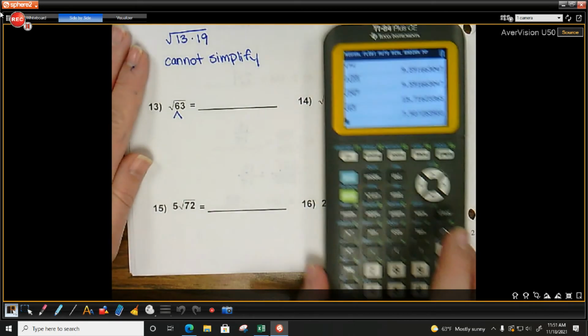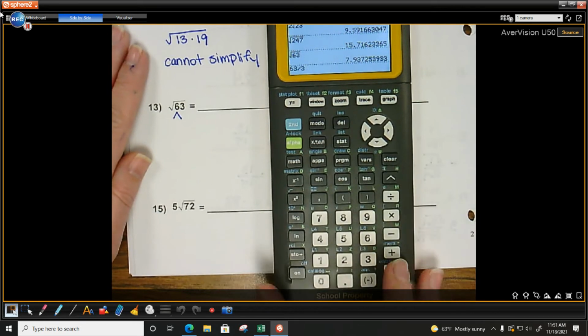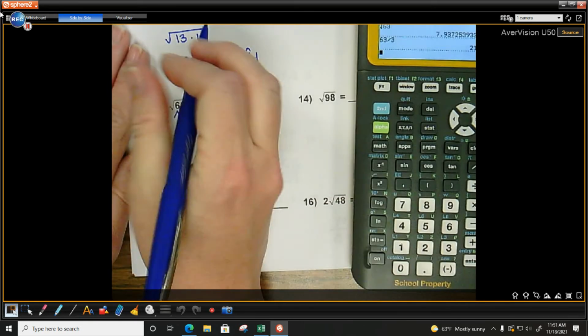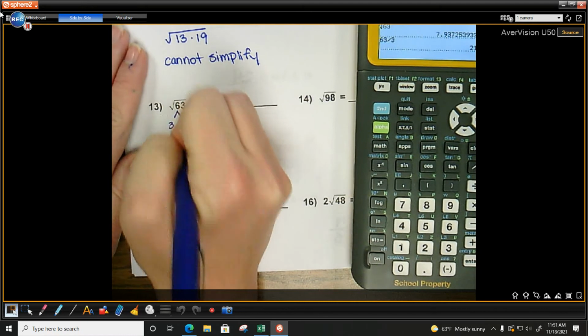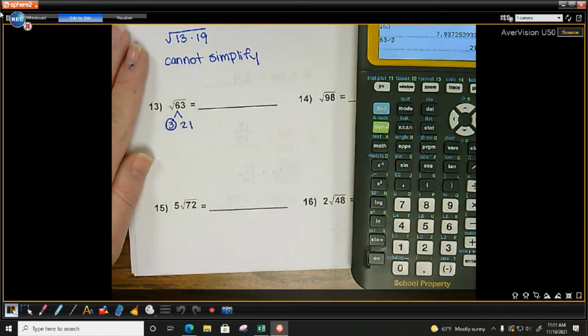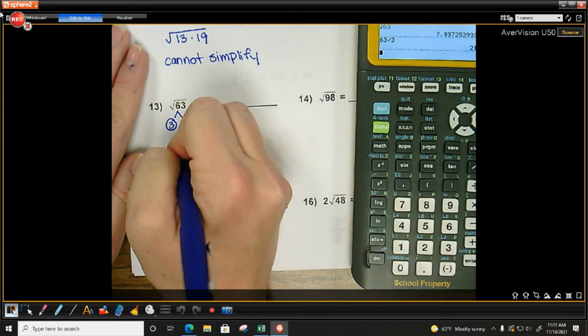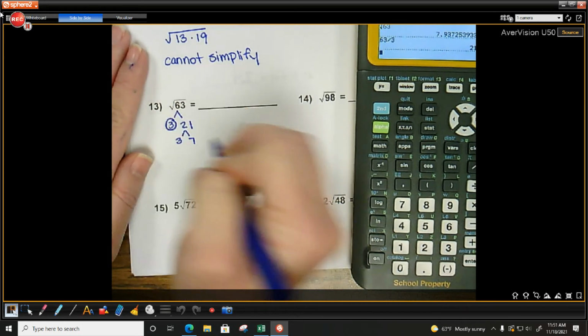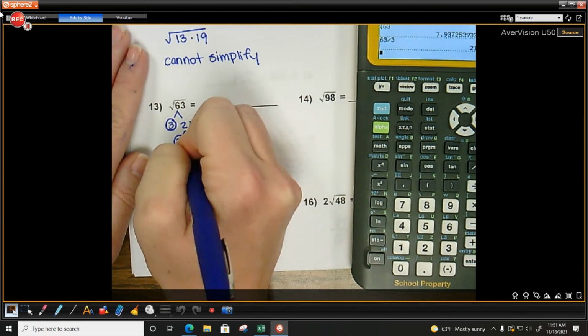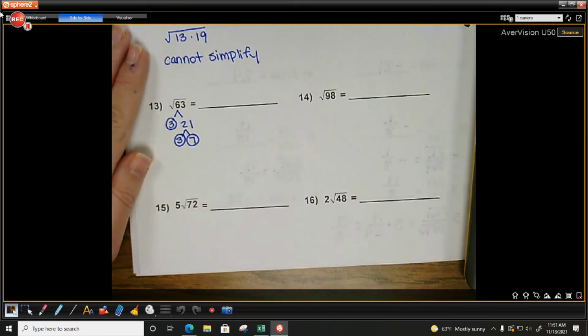Is 63 divisible by 3? Yes, so 3 and 21. 3 is prime, circle 3. What is 21 divisible by? 3 and 7. 3 is prime, 7 is prime. So I'm done with my factor tree. Good with that?